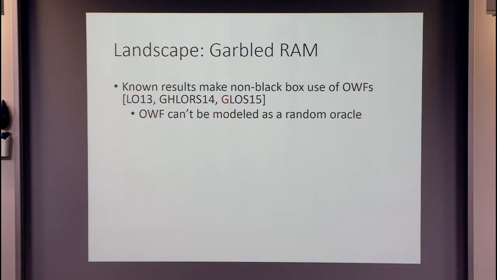The first construction was proposed by Lu and Ostrovsky in Eurocrypt 13, and the result relies on a somewhat complicated assumption. In short, you cannot reduce the security of the construction to a simple computational assumption. So it has a flavor of a circular security, complicated assumption.